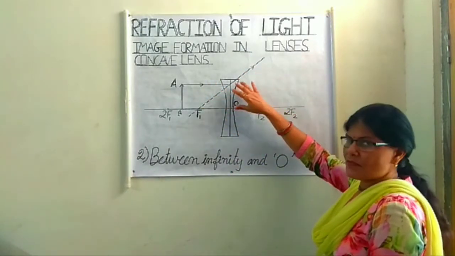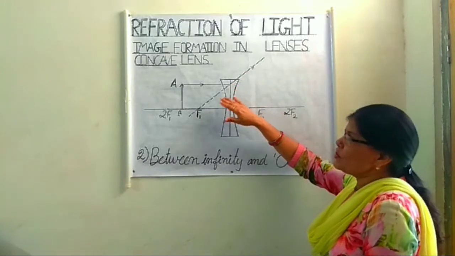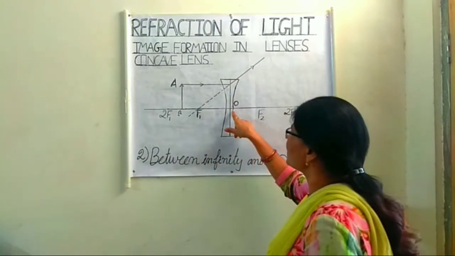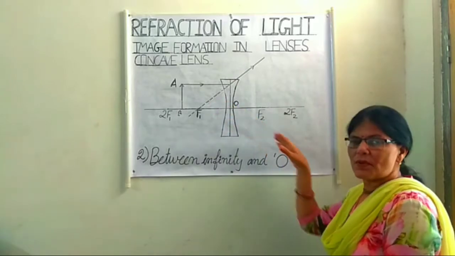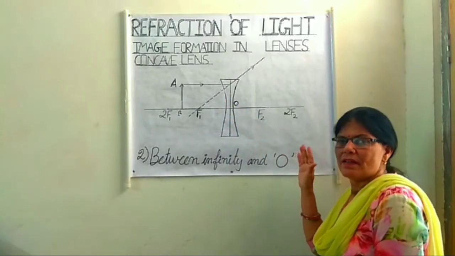According to the second rule, our incident ray will pass through the optical center and then it will go as it is without showing any refraction. So let us draw that also.